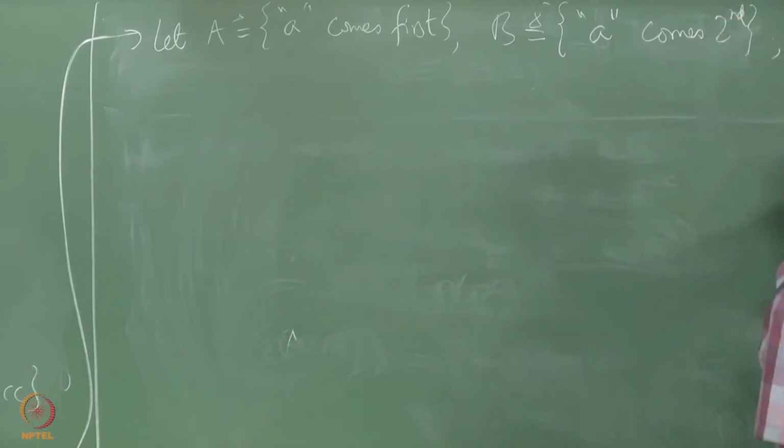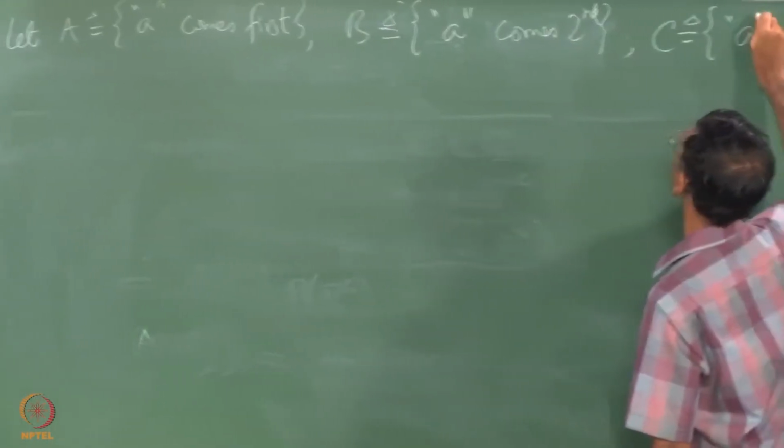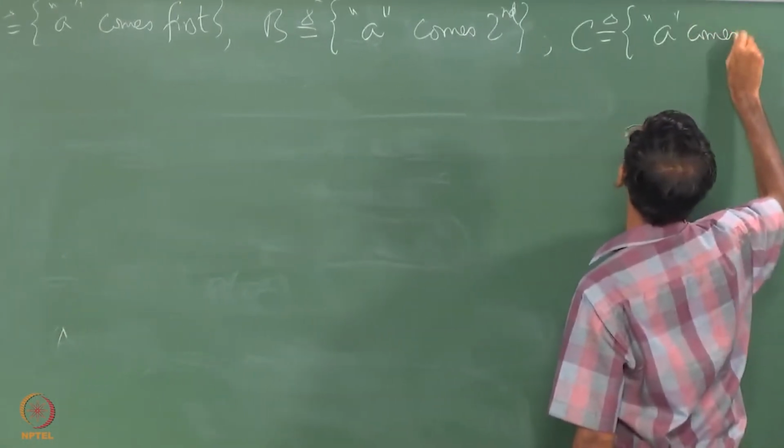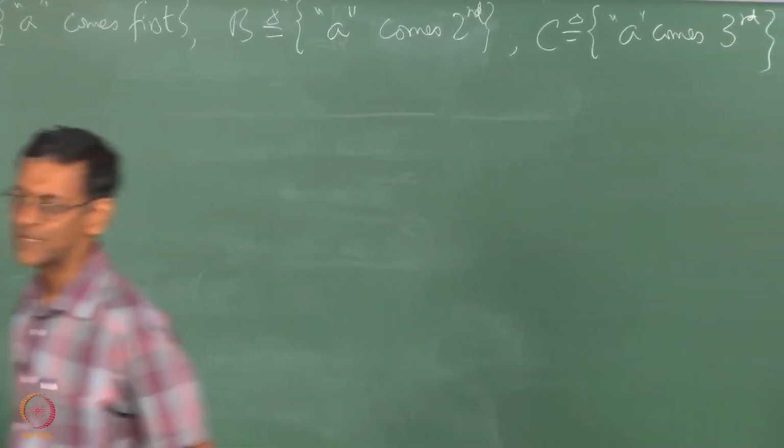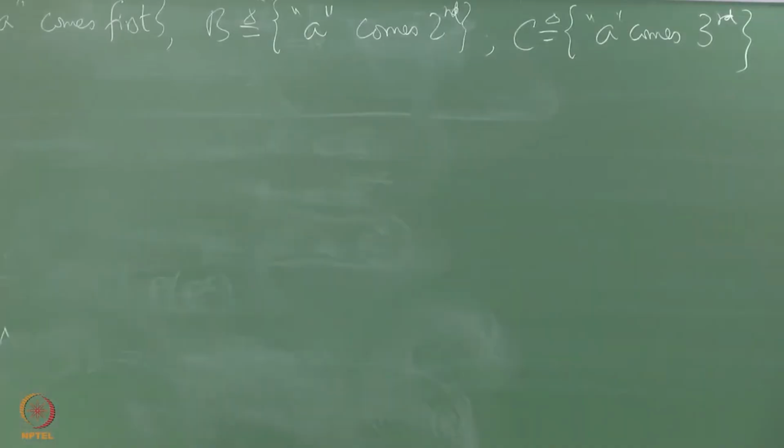And C, the event that A comes third. Now, you can check for yourselves that A, B and C are pairwise independent.